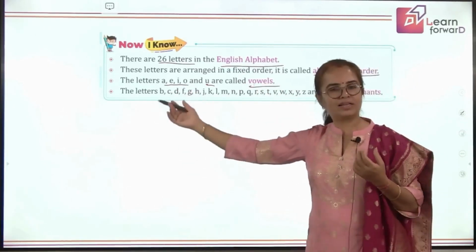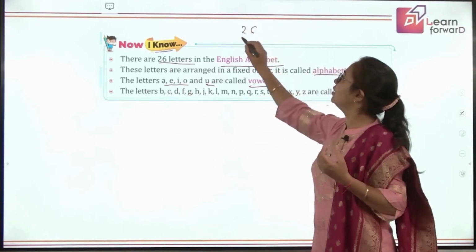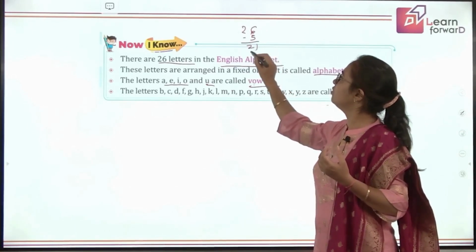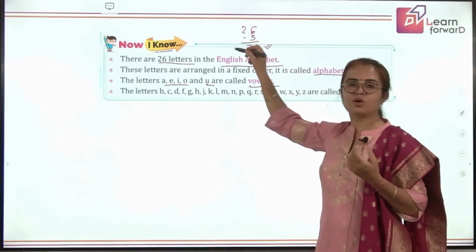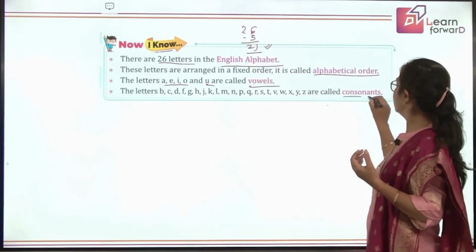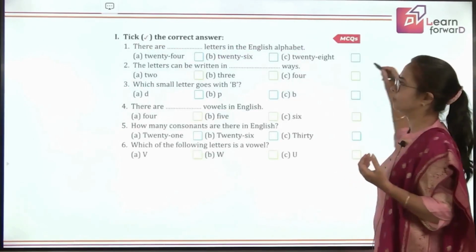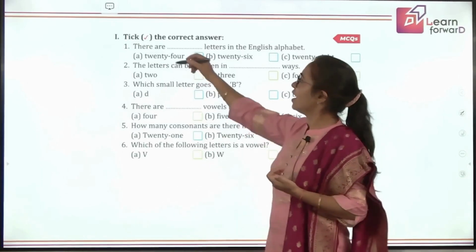And what are the rest 21 letters called? You remember we subtracted 5 from 26, we got 21. Yes, these 21 letters, what are these called? These are called consonants. Very good, students.